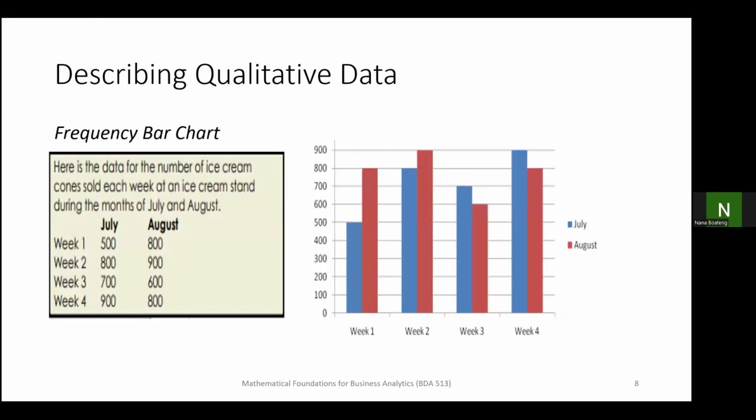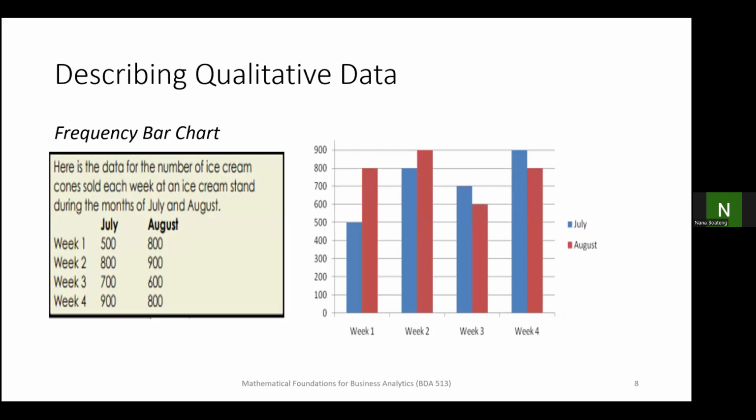Okay. All right, so another way of describing this is to use the frequency bar chart. Let's say we have figures related to how many times ice cream is sold.